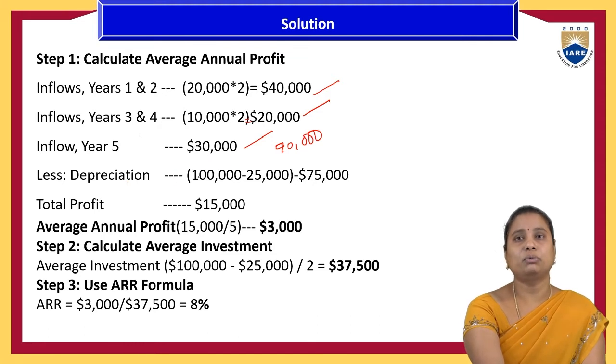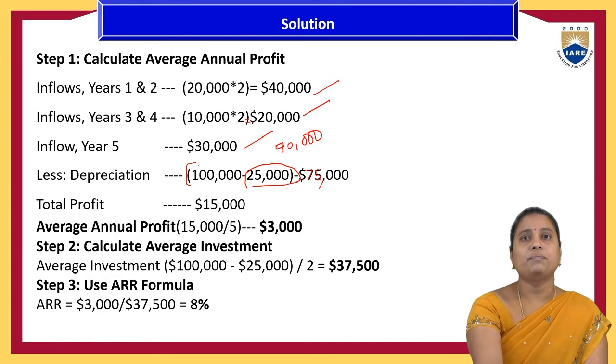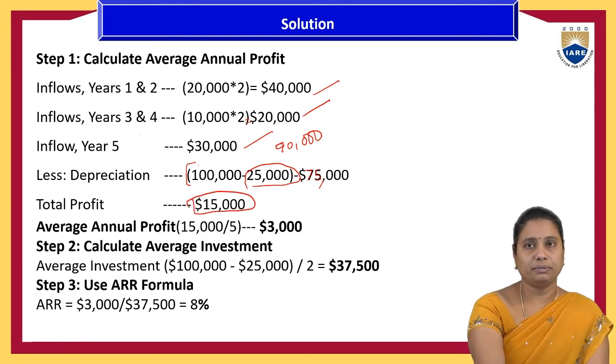The investment is 1 lakh, and out of this 25,000 is the salvage value, so the depreciation on that machinery is 75,000. That means the total profit is 15,000 rupees, and the average annual profit is 15,000 divided by 5, which is 3,000.